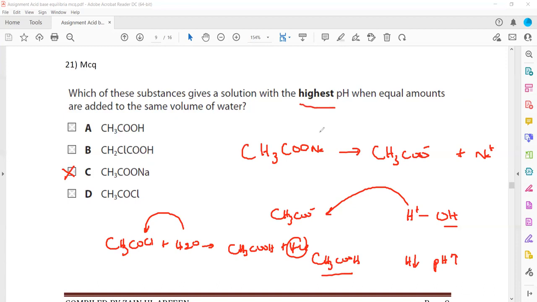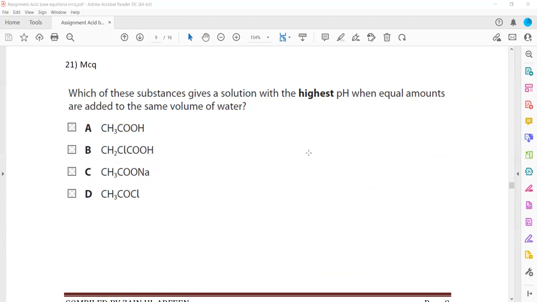So the one having the highest pH is option C, which is sodium ethanoate. Is it clear, this one? Then next question.